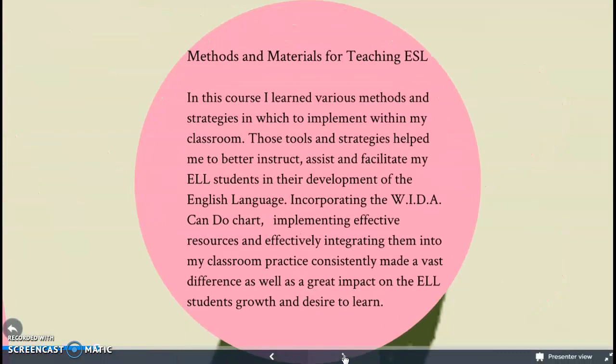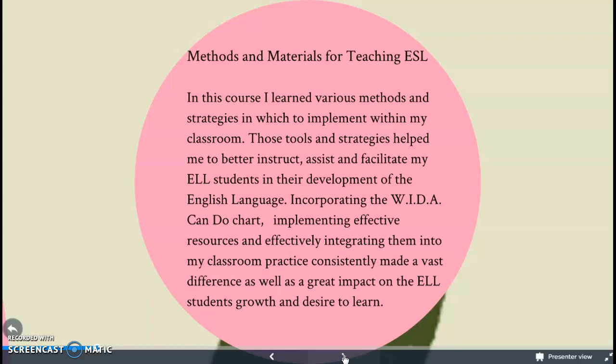And then I found the methods and materials for teaching ESL students, this particular course, very helpful because in this course I learned how to really take different tools.